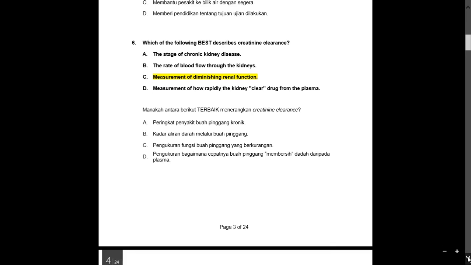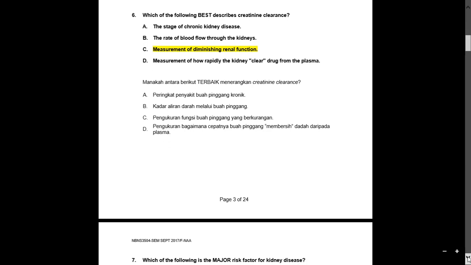Then the sixth question. Which of the following best describes creatinine clearance? Okay, so creatinine clearance is the rate at which the waste creatinine is cleared from the blood by the kidneys. So it shows the status of renal function. Answer A is stage of chronic renal disease.